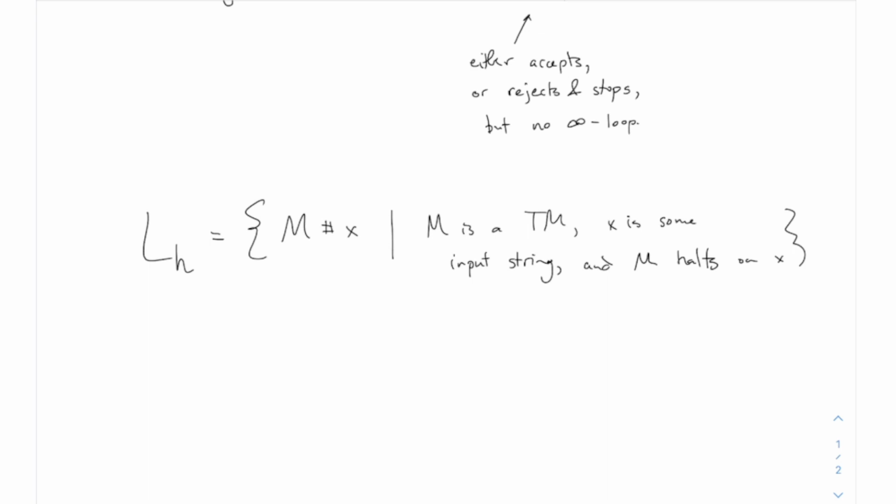All right? When I say M is a Turing machine, what I mean is it is some kind of an encoding of a Turing machine into a string, because this is a language of strings. M has to be encoded as a string. There are many ways to do this. Translate a Turing machine diagram into a string.